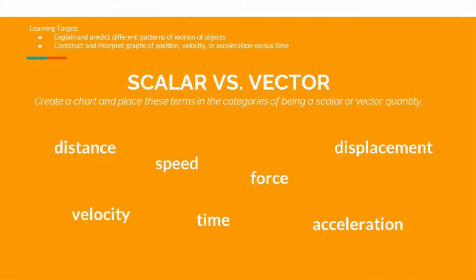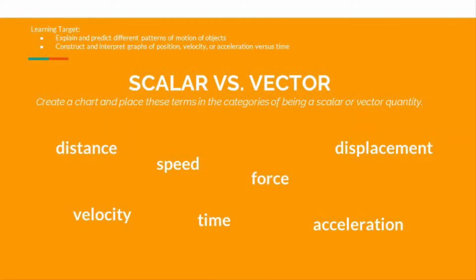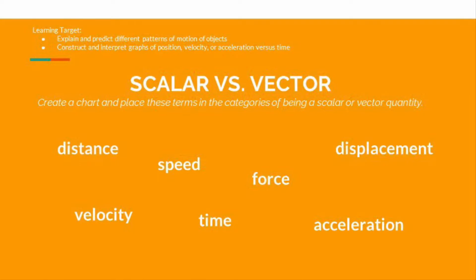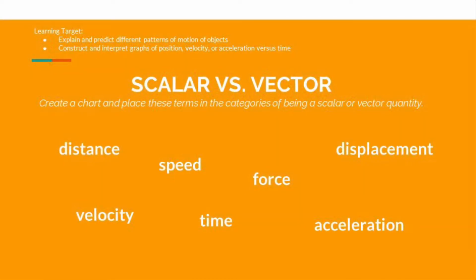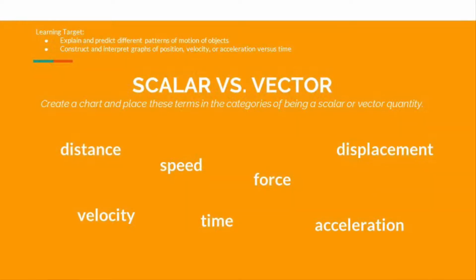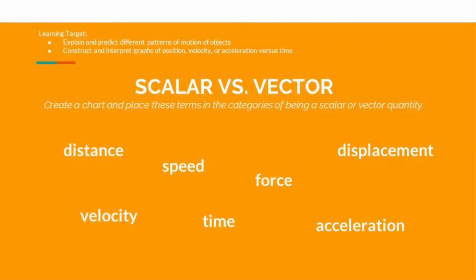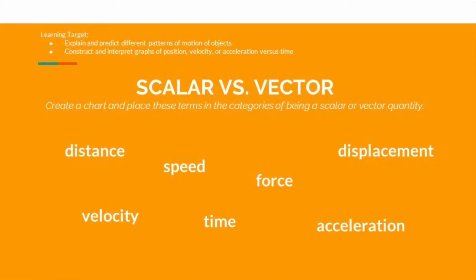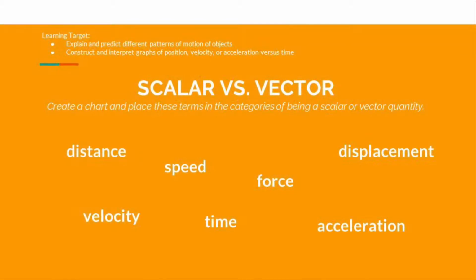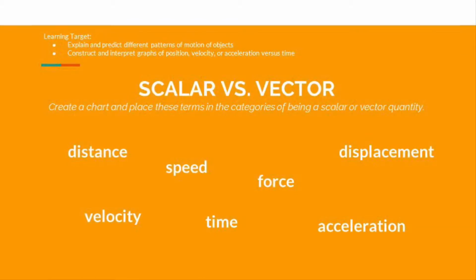So some of the scalar quantities here would be distance, speed, and time. The vector quantities here would be displacement, acceleration, velocity, and force.